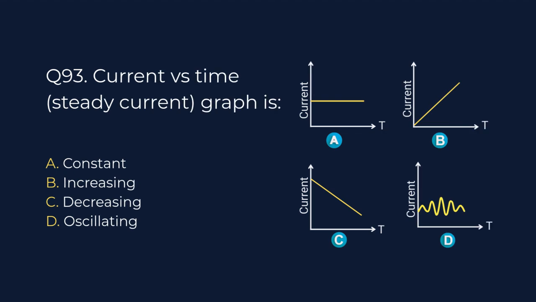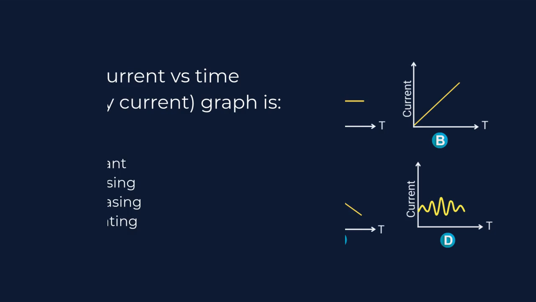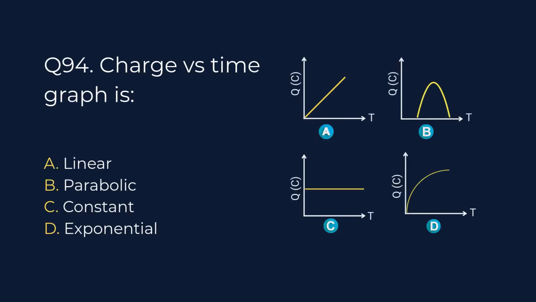Question 93. Current versus time. At steady current, the graph is option A constant, option B increasing, option C decreasing, option D oscillating. Question 94.